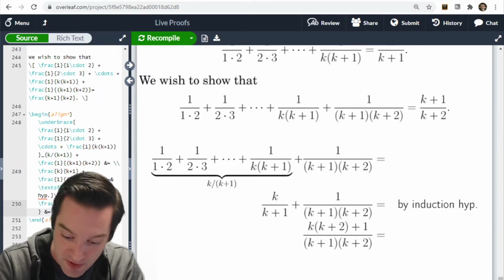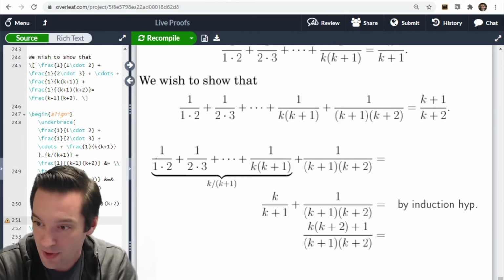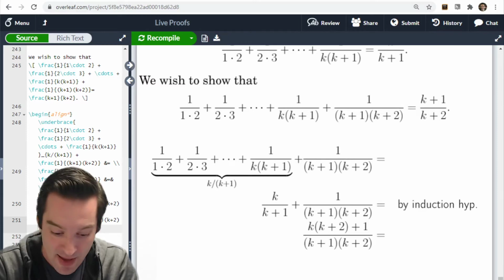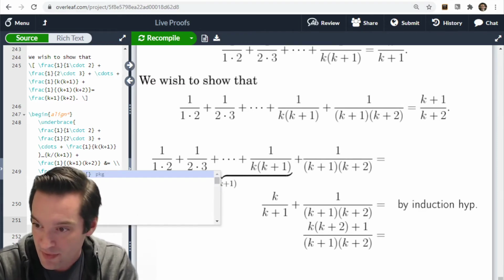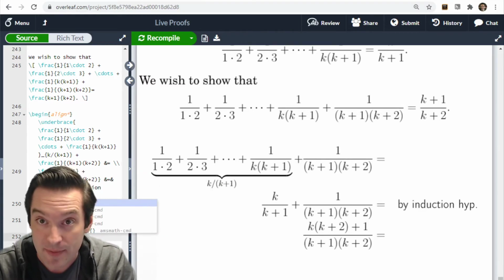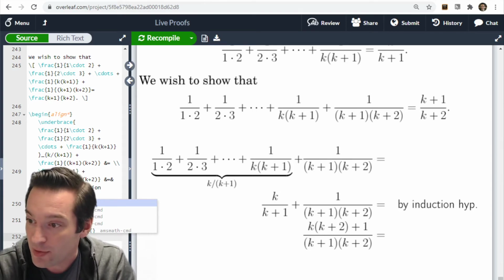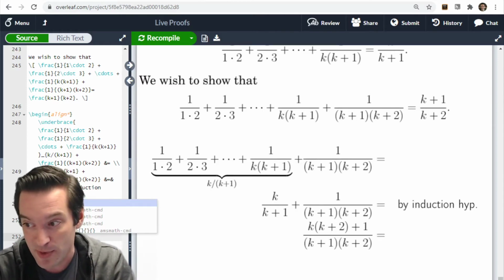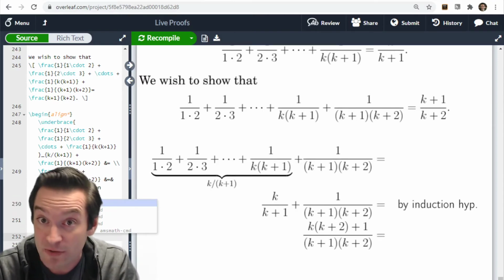Now we do the arithmetic in the numerator: k squared plus k plus 2k plus 1, over k plus 1 times k plus 2. How many of these algebraic steps we show really depends on the audience. If you see a proof like this in a more upper-level textbook, they're going to skip a lot of these algebraic steps and assume the reader can fill them in.